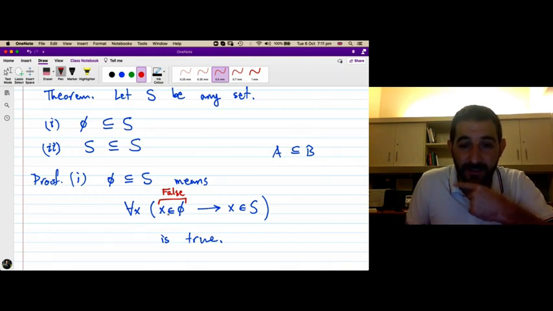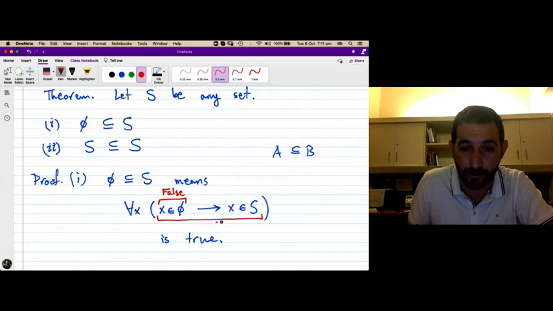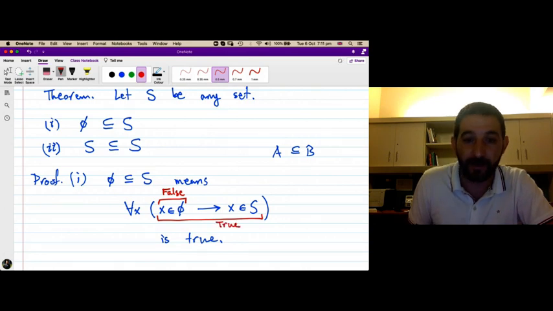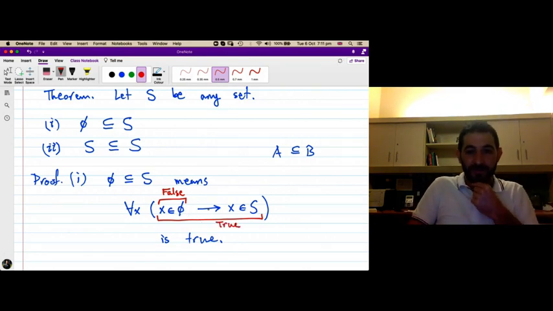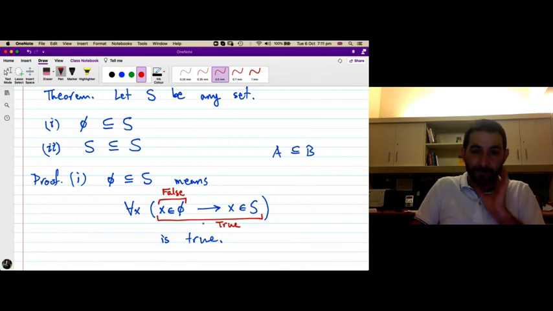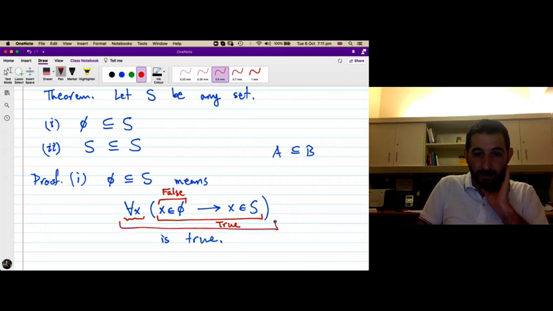So this is a conditional statement with a false hypothesis. This means that the whole conditional statement is true. Whenever the hypothesis of a conditional statement is false, the whole conditional statement is true. So for every object X, this property is always true. So the whole statement is a true statement.